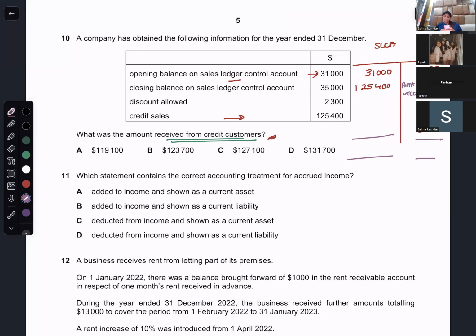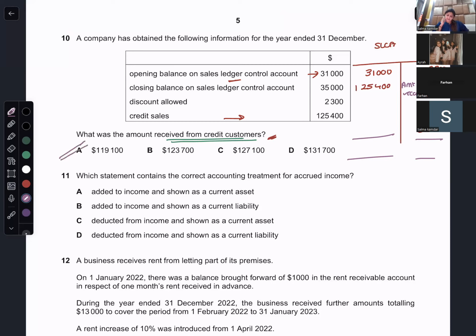The answer was A, 119,100. No, miss, I'm getting the answer as D, 131,700. What is A?